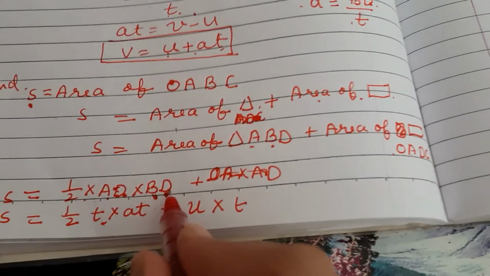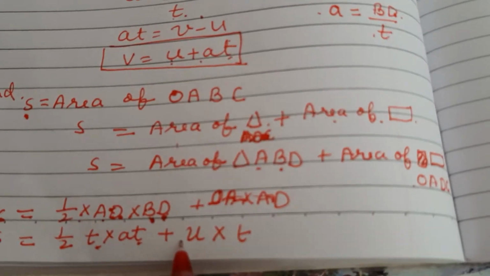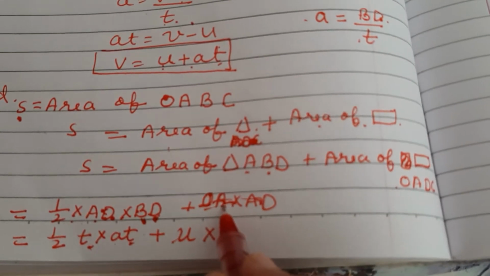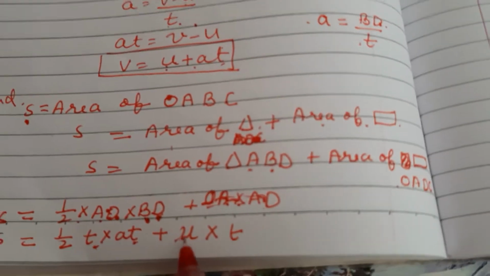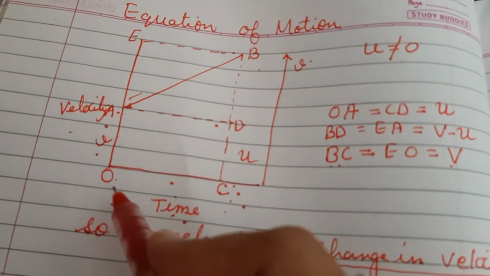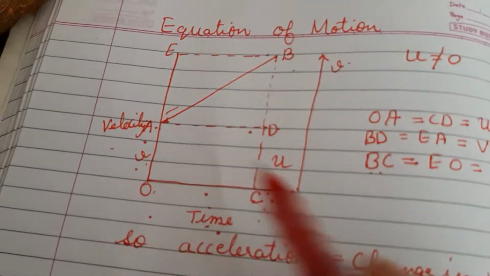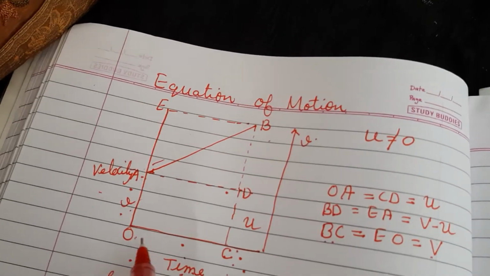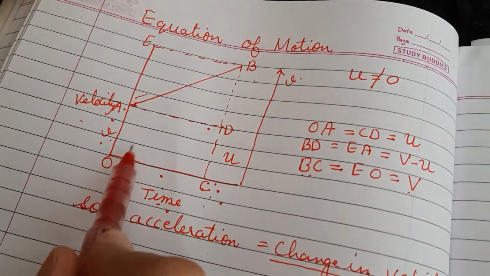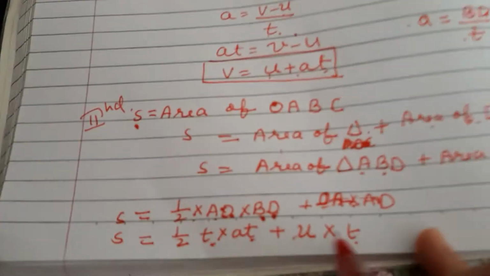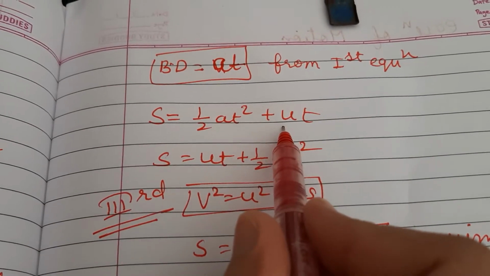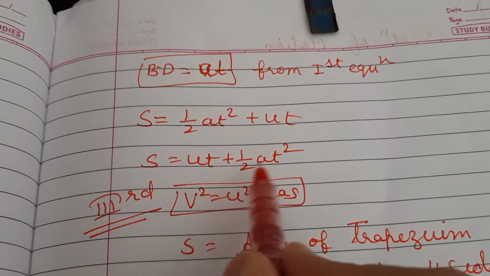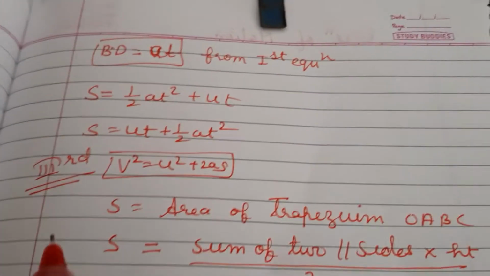We substitute this into the area expression, plus OA into AD. From the graph, OA is u, and AD is time t. So it comes to half at square plus ut. So s is equal to ut plus half at square.